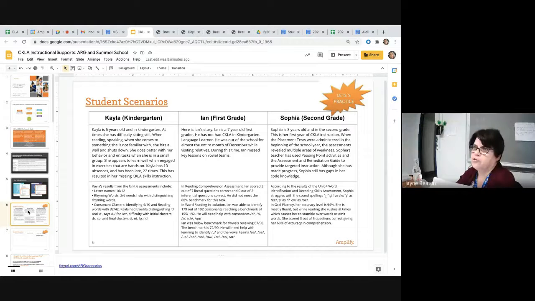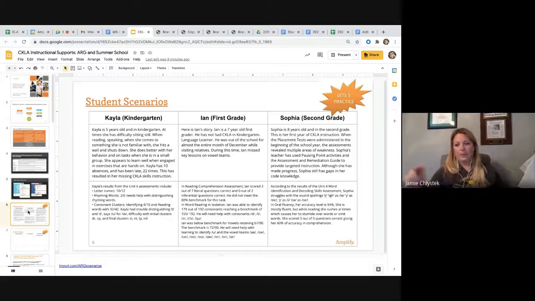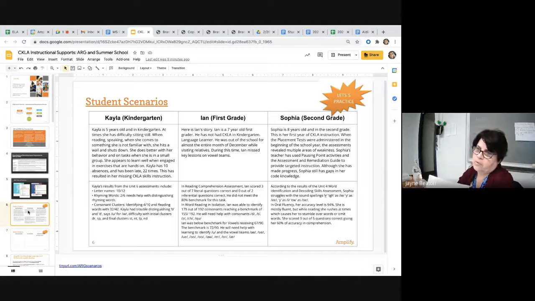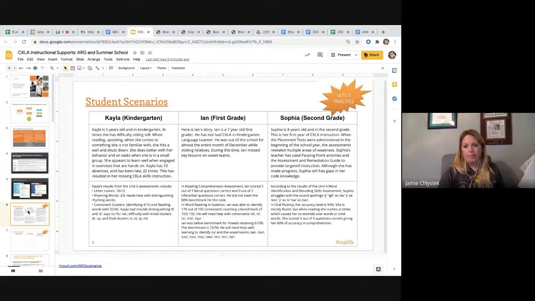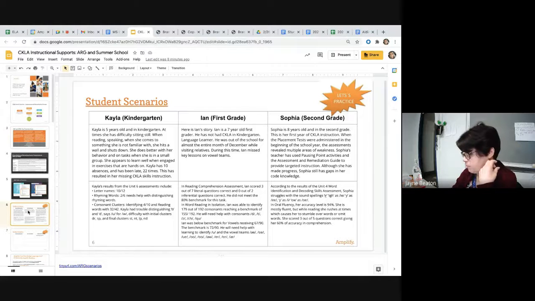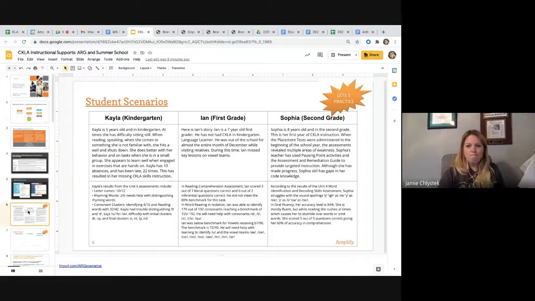So I focused on Sophia, the 2nd grader. Mm-hmm. Because she was having so much trouble with R-controlled vowels, IR, and then the different sound spellings for long I, like IGH, and Y saying E, and Y saying I, which I believe is in section V, unit 4.